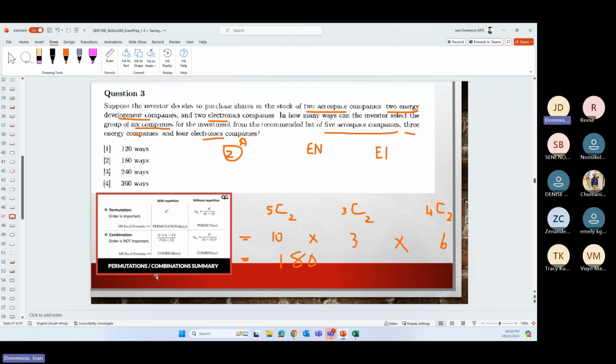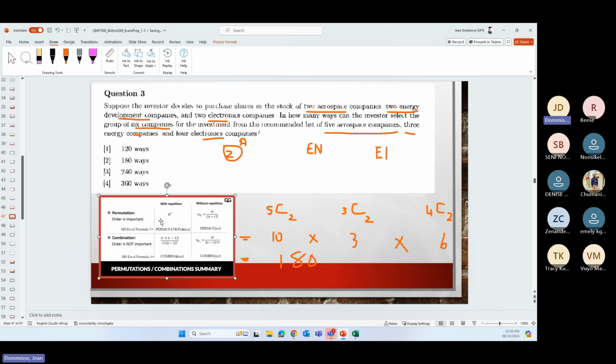So I assume it is part of that revision of prior knowledge. I think it's somewhere in there, but I can't now see actually where it is. So that's why it's important that we also just know the formulas. There is again in Excel the combination and the permutation, so there are those two formulas in Excel as well.